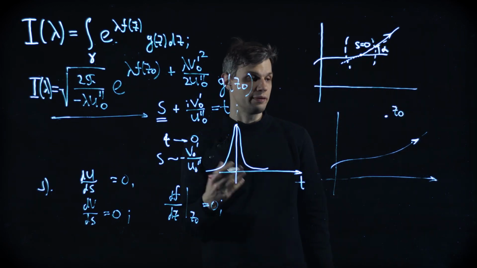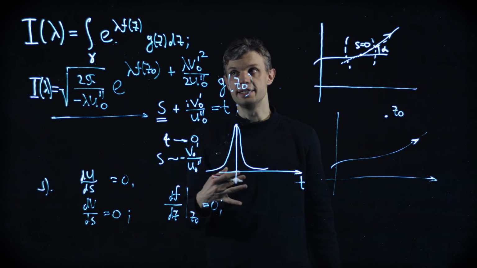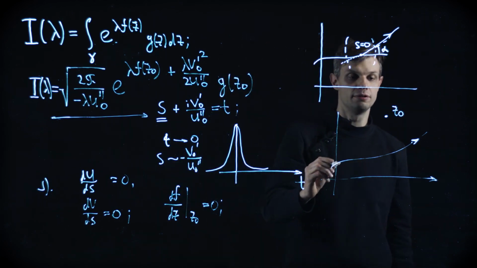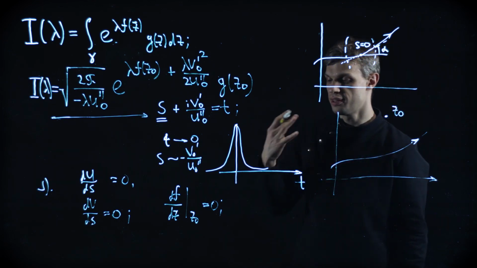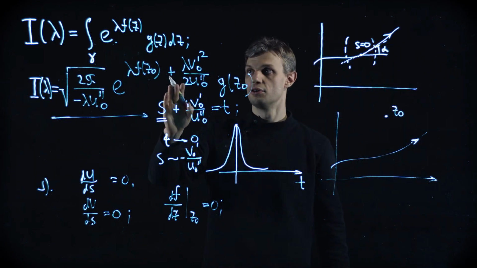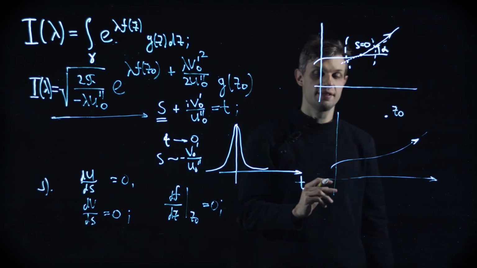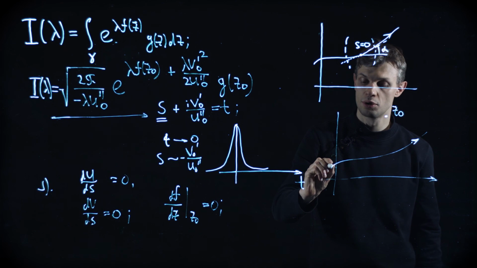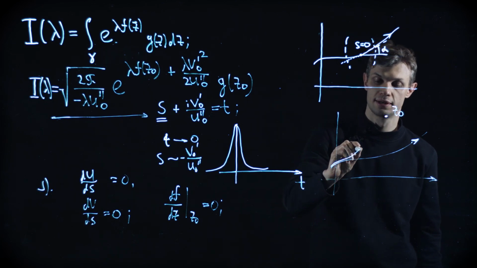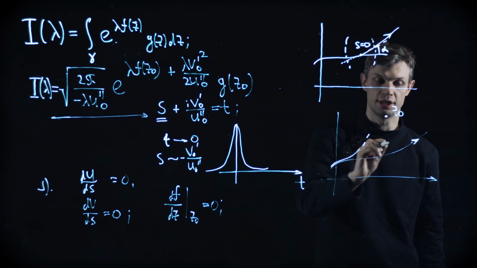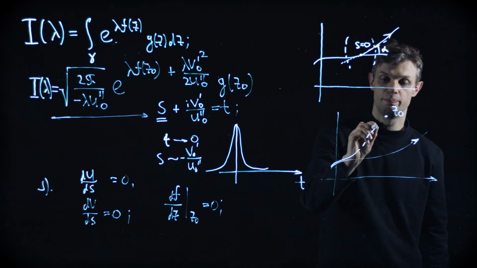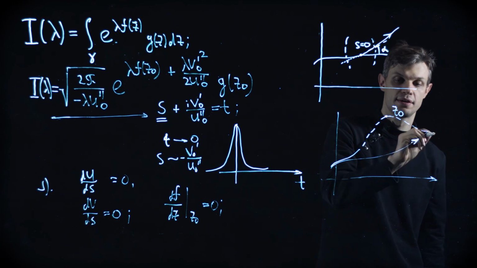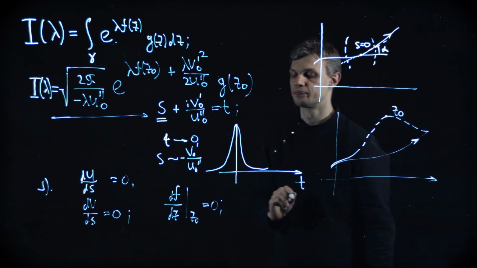And the question is, what are we going to do about this? But fortunately, we deal with analytic functions. And that means that if we deform the contour smoothly in such a way that it doesn't cross the singularities of the integrand, then the value of the integral is unchanged. So we keep the origin and the end of the contour fixed, but deform it in such a way that it passes through this critical point.